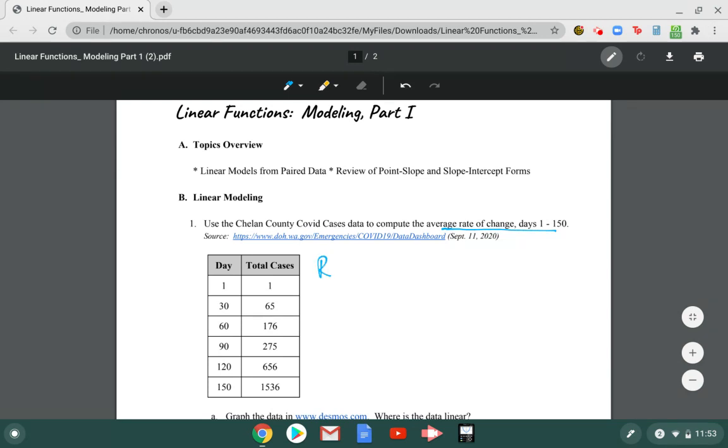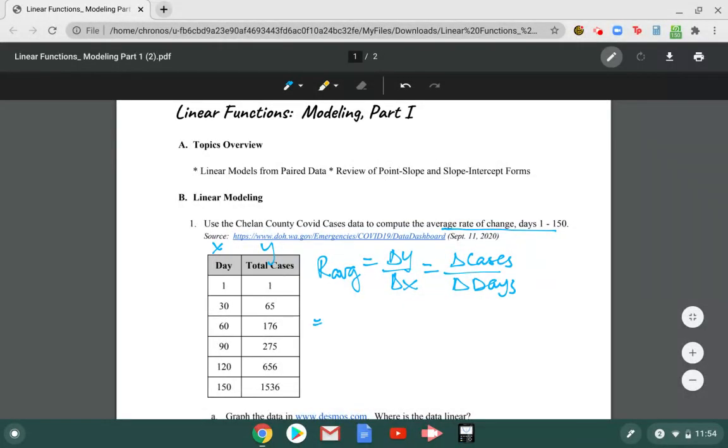So to do that, rate of change average is the change in Y over the change in X, but this time X is representing days and Y is representing cases. So this is going to be the change in cases over the change in days. That distinction is important so that we can interpret this rate of change.